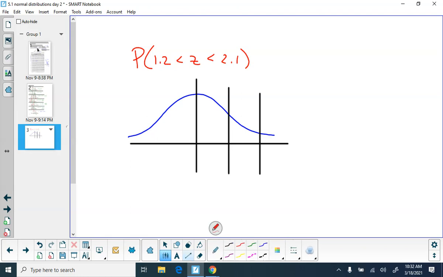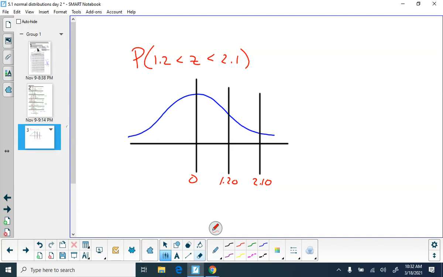Both of them are positive. Once again, think of this as a number line. I want to determine the area or the probability that the z is between these two values. Well, the probability that z is between those two values is the area between those two values.